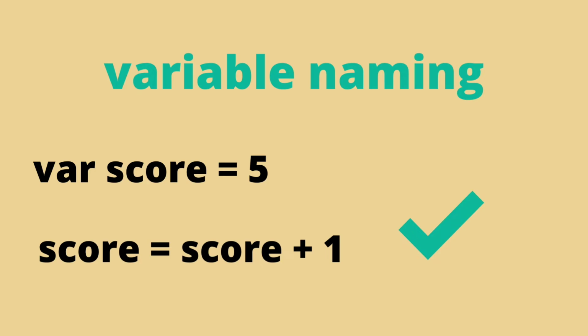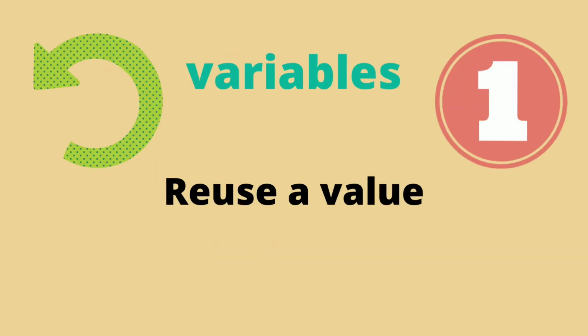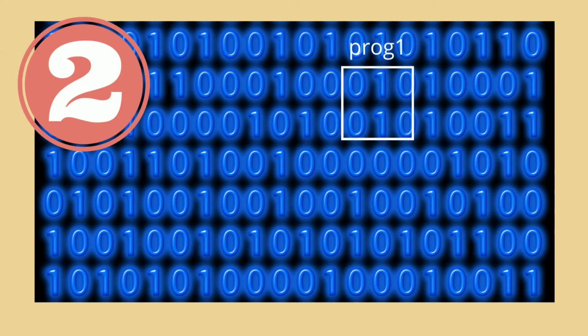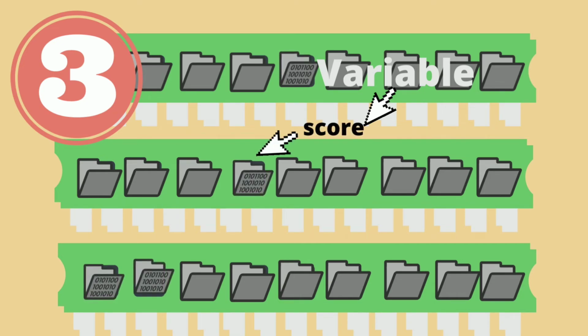So again, a brief revision. We use a variable if we want our program to store some value which we want to reuse later in the program. Number two, all variables are stored inside computer memory, in the memory space allocated to your program. A variable is actually a pointer to the location where your value is saved.